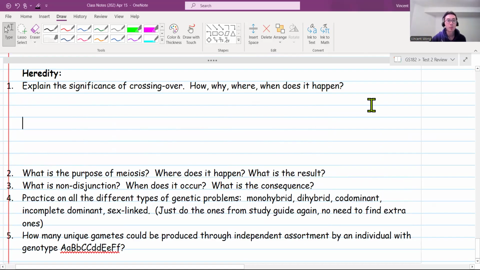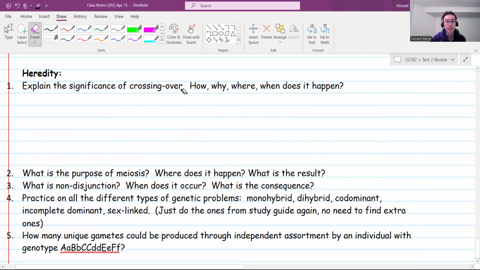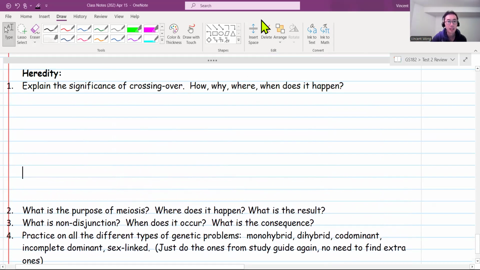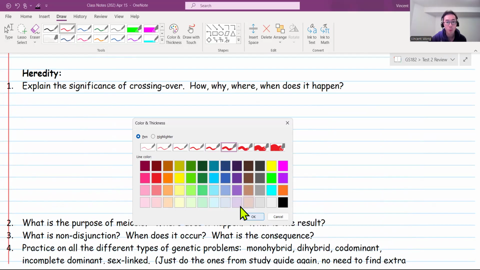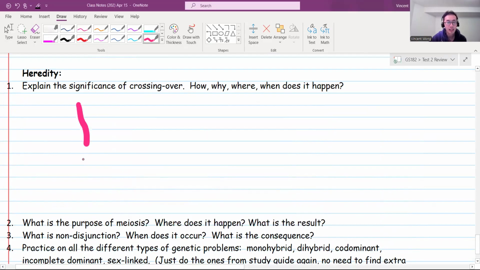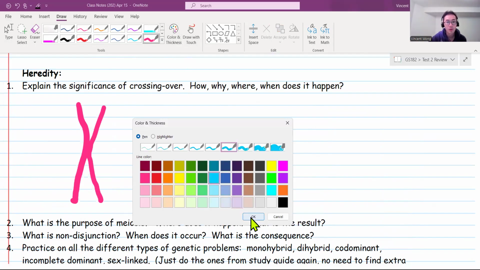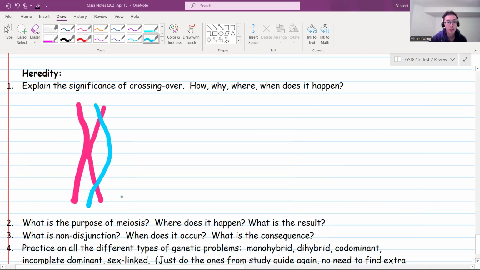Here we go. Explain the significance of crossing over. How, why, where does it happen? Crossing over happens in prophase 1 of meiosis, and it's the process where the homologous chromosomes come together and form a tetrad.